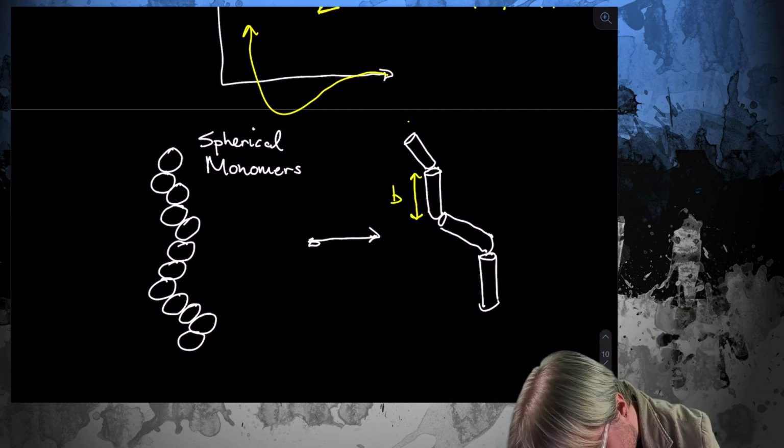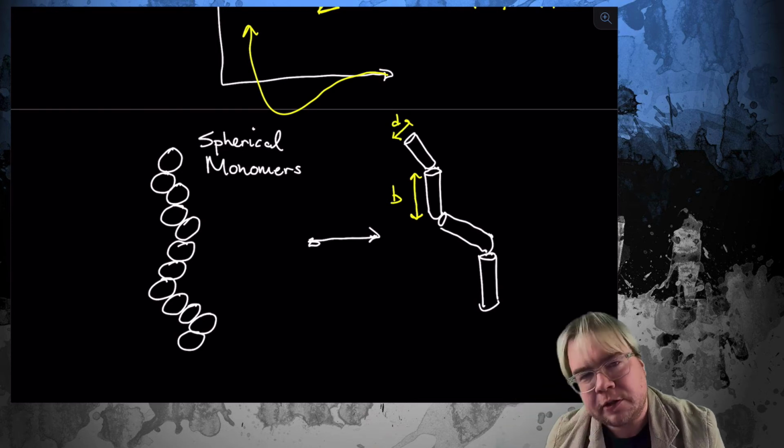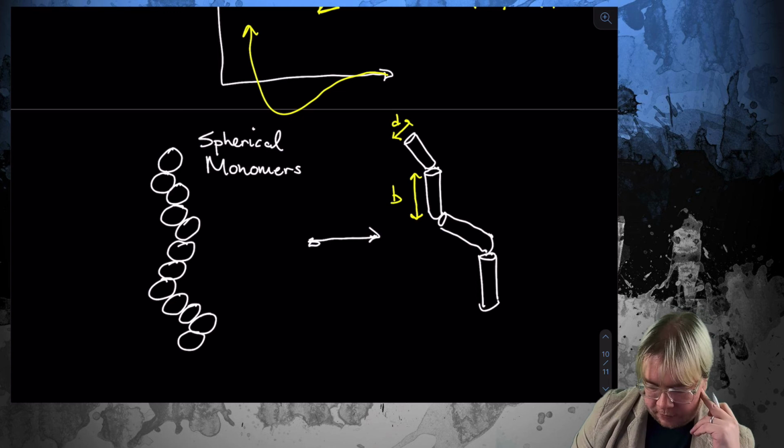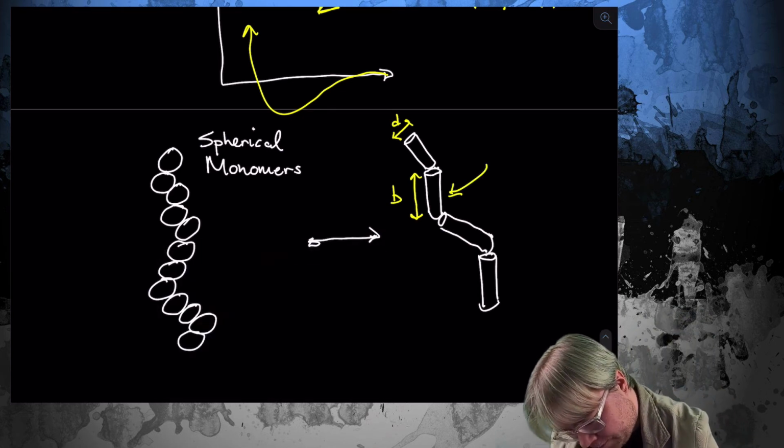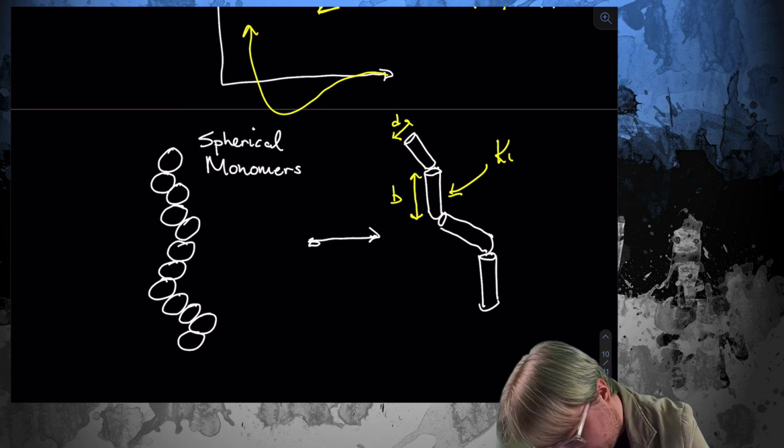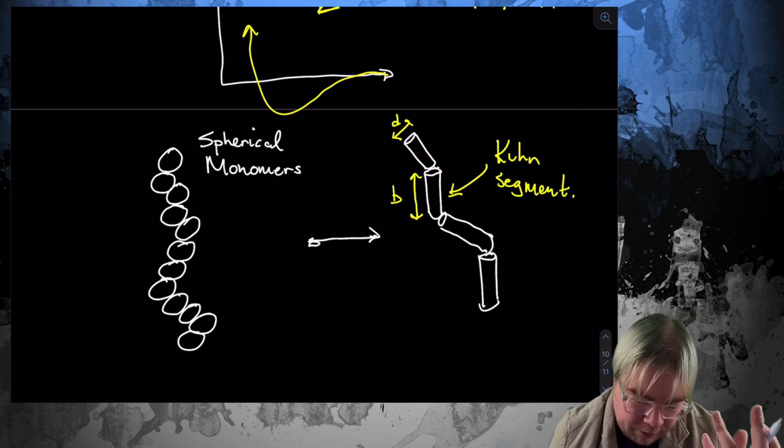And then my polymer chains are going to have a certain diameter, or the monomers are going to have a certain diameter, little d. So this is how I actually model my polymer chain. So this is a Kuhn segment, and B is the Kuhn length. So that's how I'm doing it.